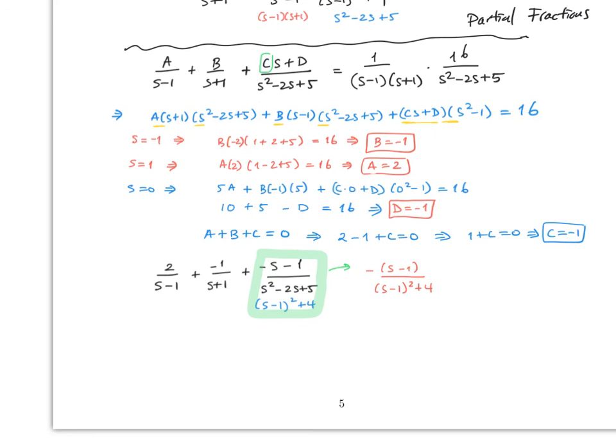However, notice minus 1 times s is minus s, but minus 1 times 1 is positive 1, and that's not what you have. What you have is negative 1. So how do we fix that? The reason is pretty simple. You are going to subtract 2 from this, so you're going to have minus 2 over s minus 1 squared plus 4.